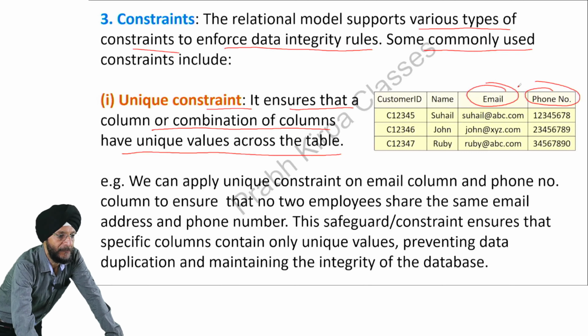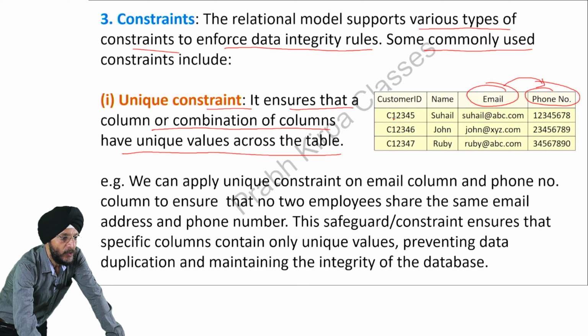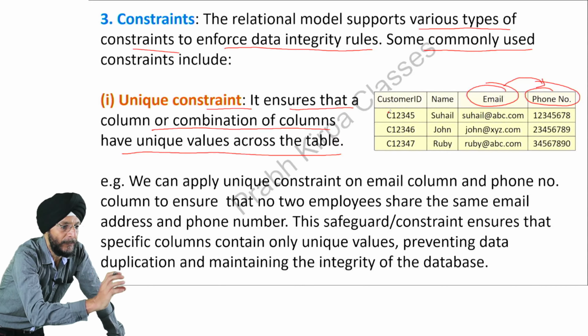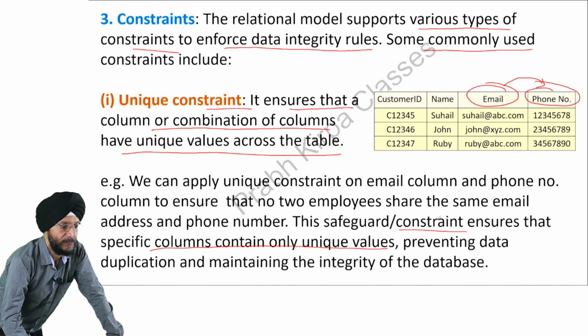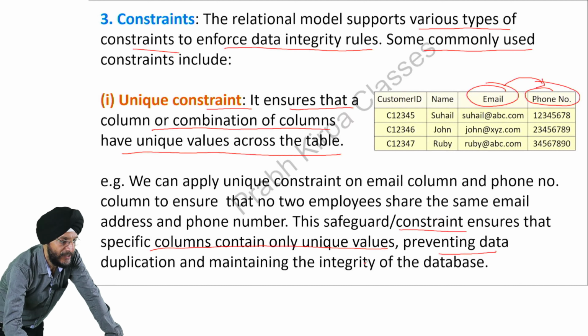We can apply unique constraint on these two columns to ensure that no two customers or no two employees have the same email ID or phone number. This safeguard ensures that specific columns contain only unique values, preventing data duplication.